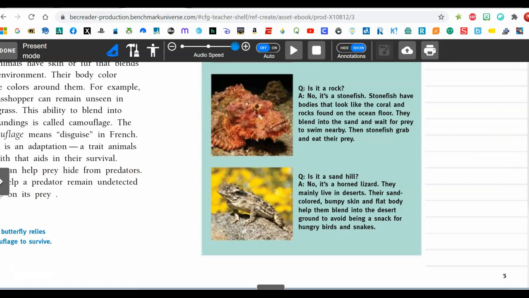All right, let's go ahead and annotate. So what is this lizard called? A horned lizard. They live in the desert. Their sand-colored bumpy skin and flat body help them what? Blend in. So what's their adaptation? Blending in, right?